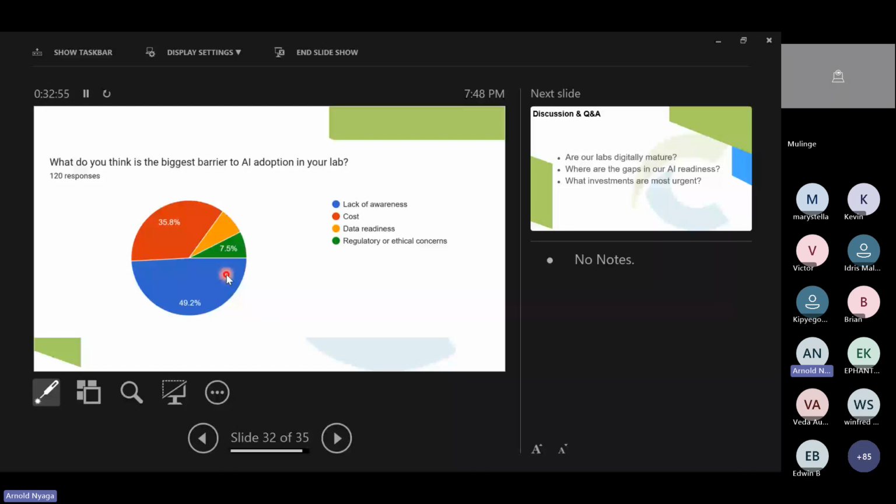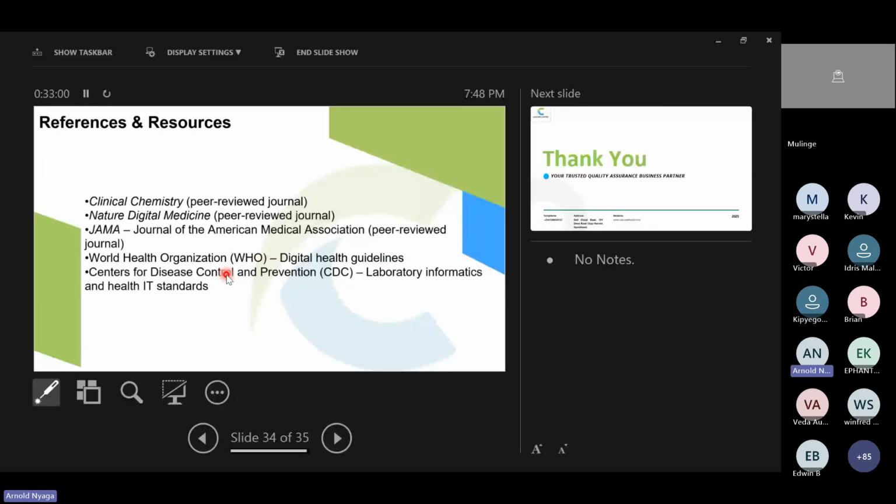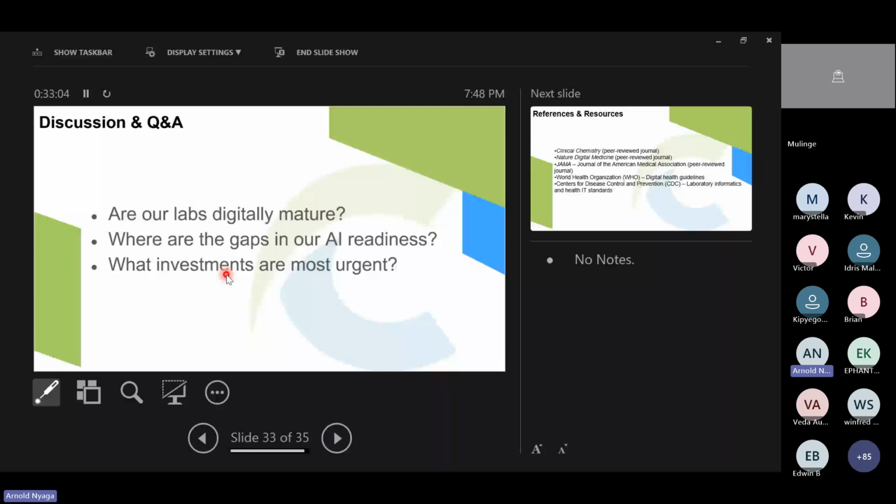So now, in the discussion and Q&A: are our labs digitally mature? We need to ask ourselves whether our laboratories are digitally mature, and where the gaps in AI readiness for our laboratory are.